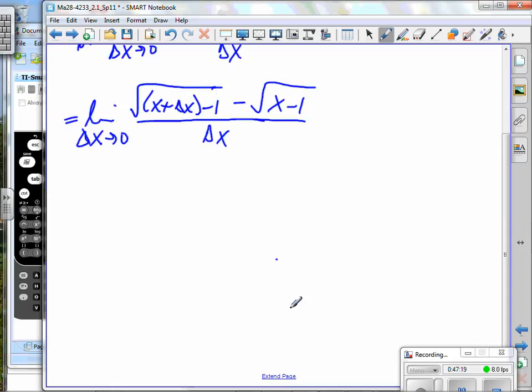I've got a little rationalizing of the numerator. Some of you have an error on that quiz when it comes to rationalizing the numerator. Rationalizing the numerator means that you multiply by another fraction, not squaring the fraction. That doesn't do us any good at all. When I rationalize the numerator, I have to use what's known as the conjugate.